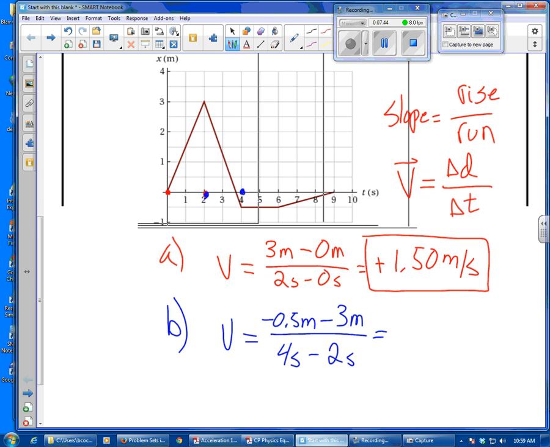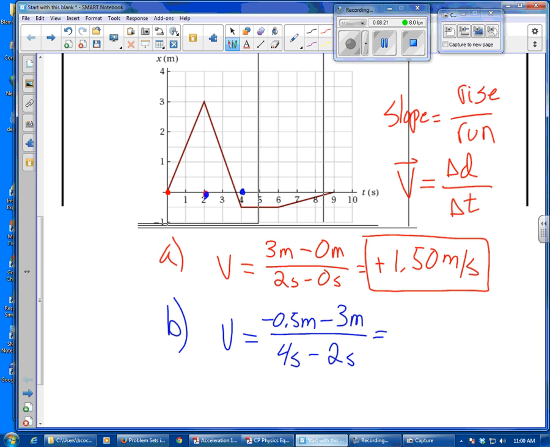Everyone agreed? Did I get the right numbers? What's your graph? I think I did. Yes? Well, I looked at the graph, and the first position would be where it is at 4 seconds. So I went out the x-axis till I got to the number 4, and then I went down to the red line, which is the trace on the graph, and at that 4, it is at negative 0.5 position. And then I went back to where was it at 2, and at 2, it was at 3 meters.